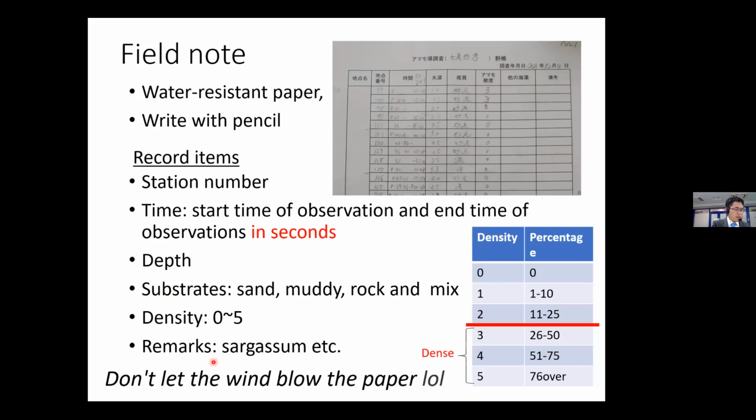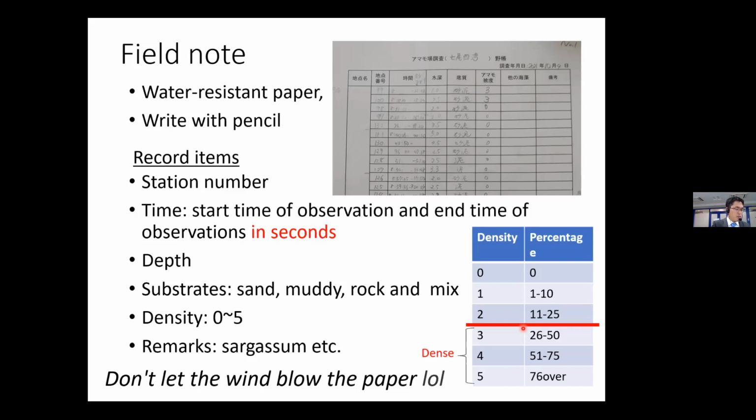Substrates should be sand, muddy, or rock, and any mix of them. The seagrass density should be written on a level of 0 to 5. Each level is shown in this table, but we actually record how many of the 5 screens of our video camera show seagrass at the same time.